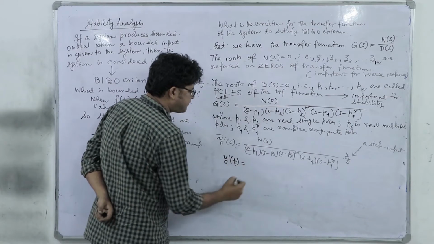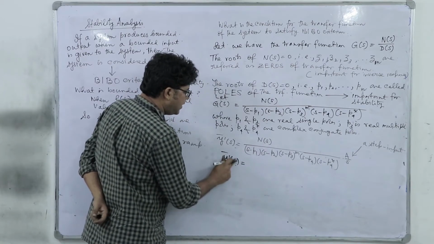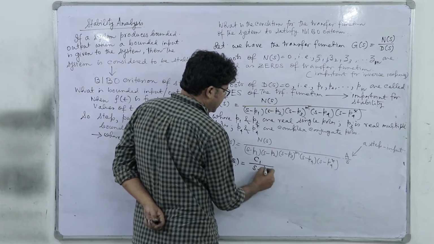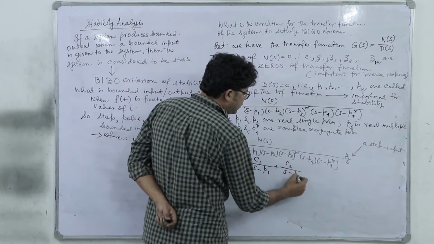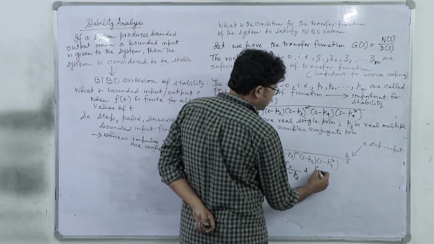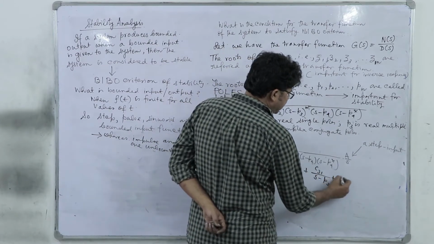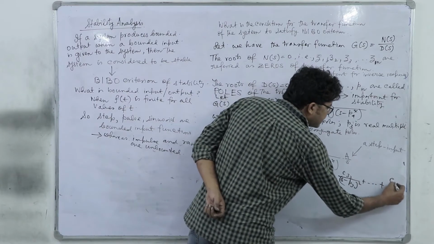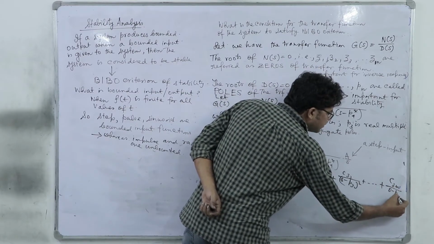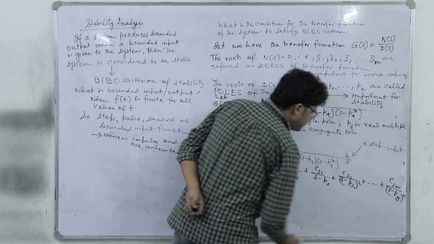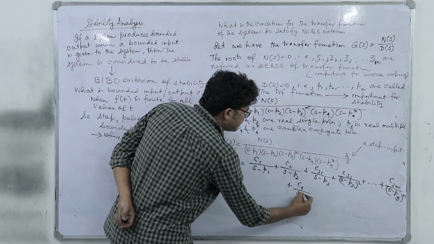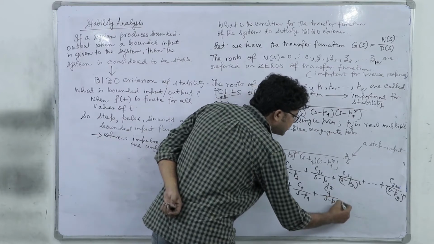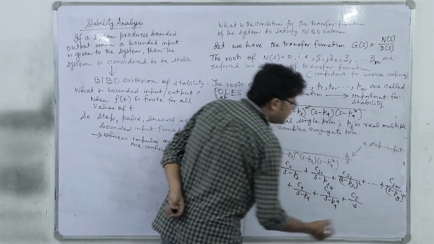So Y bar(s), we have to break it into partial fractions: C1 by (s minus p1), C2 by (s minus p2), plus C31 by (s minus p3), C32 by (s minus p3) square, up to C3m by (s minus p3) to the power m, plus C4 by (s minus p4), C4 star by (s minus p4 star), plus C5 by s.